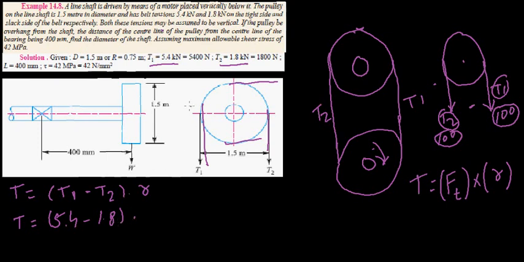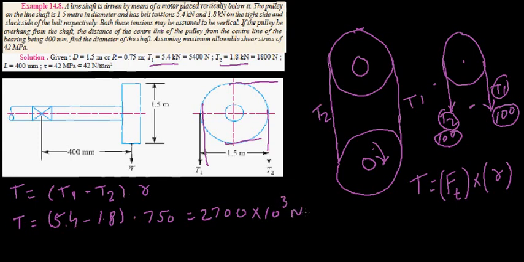Now our diameter is 1.5, so the radius would be 0.75 meters, which is 750 millimeters. So this would be something around, okay, I'll calculate. The value is 2700 into 10 raised to 3.